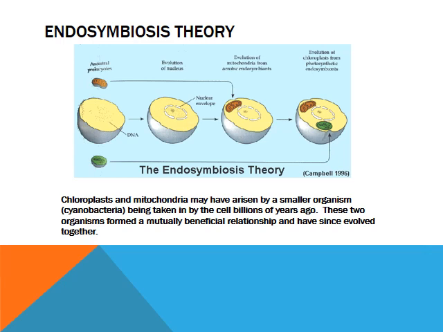It swallowed a brown algae that happened to be really good at producing energy. And instead of digesting it, it said, if I feed you sugar, you'll give me energy. Let's keep you around. So that organism was engulfed with phagocytosis.